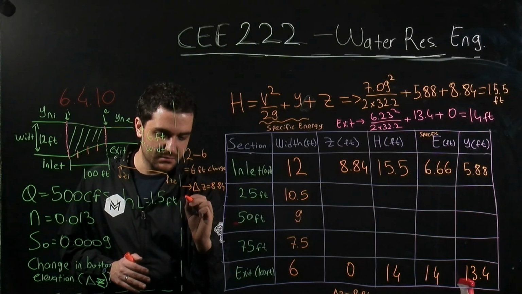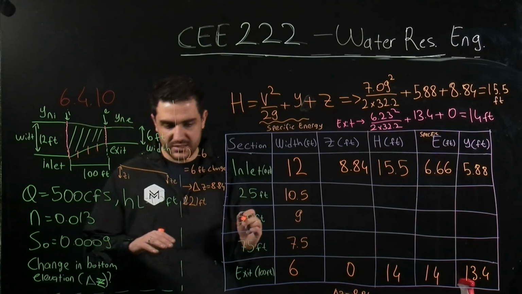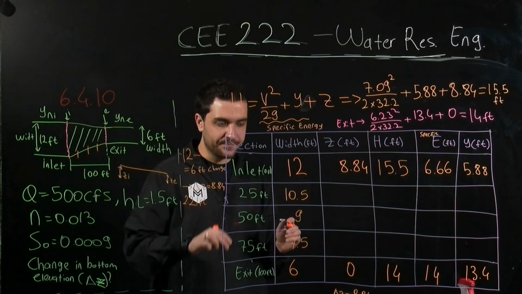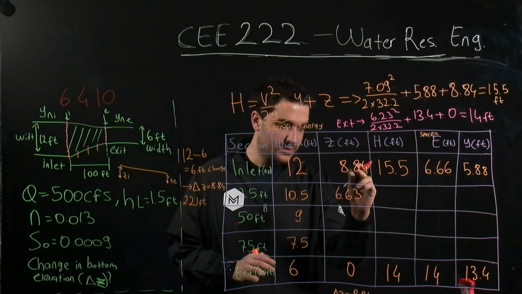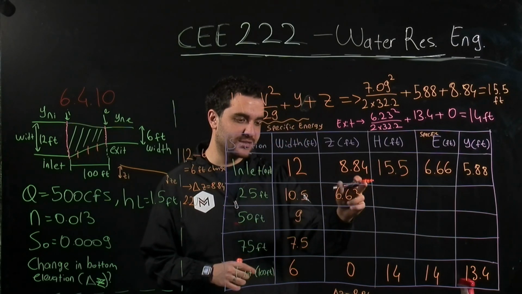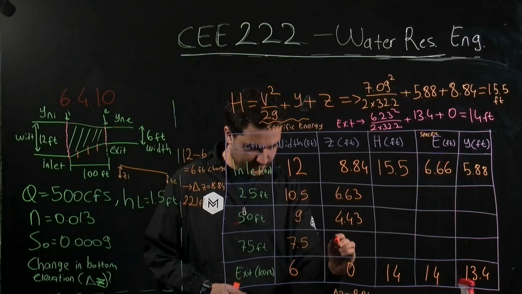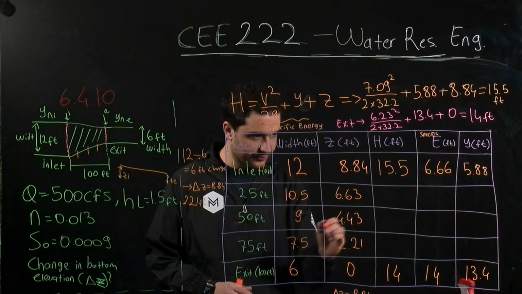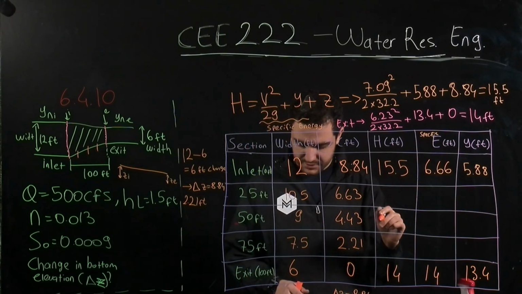For example, 2.21 feet change for each section, and this means 8.84 minus 2.21. We will just apply the same thing for this side.